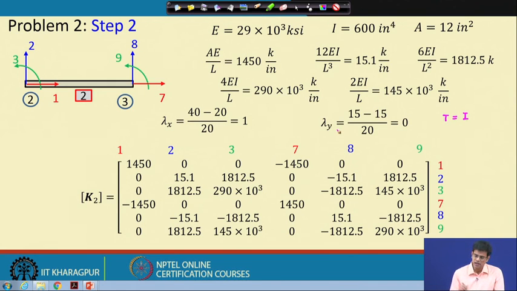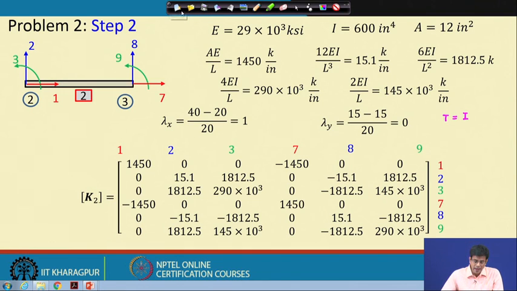So it remains in the same form as the local stiffness matrix, K E prime. Here the first three columns and first three rows correspond to 1, 2, 3 degrees of freedom, and the last three columns and last three rows correspond to 7, 8, 9 degrees of freedom.